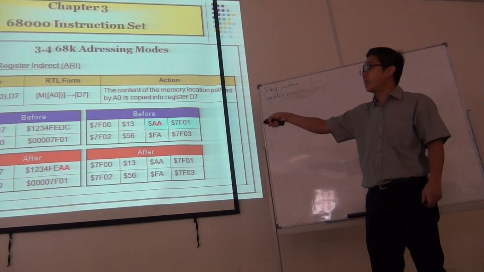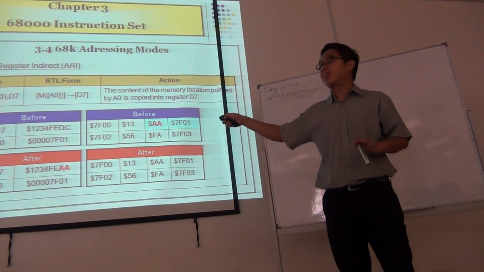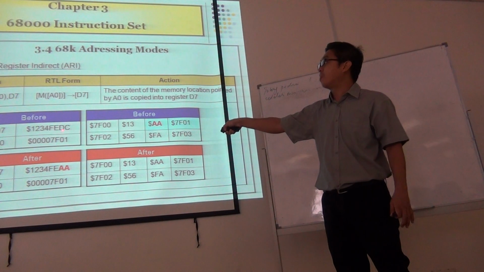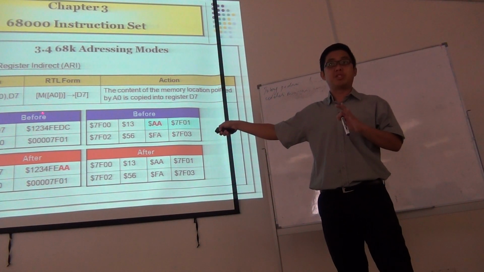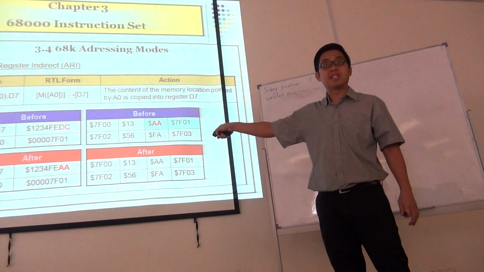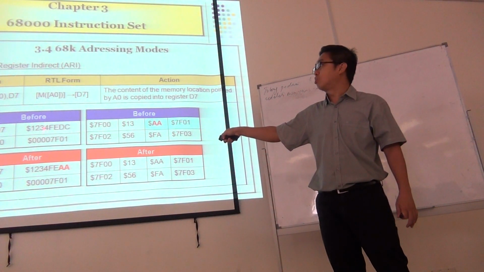So after you execute this command, you have to know the final answer for D7. Right now your D7 is this number, correct? So you're expecting something to change from this number. Byte will be the last two digits. So I expect the number will be 1, 2, 3, 4, FE.